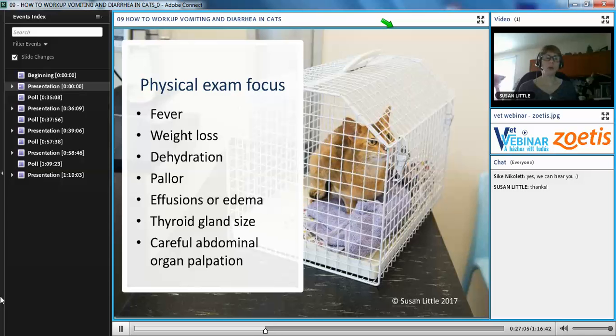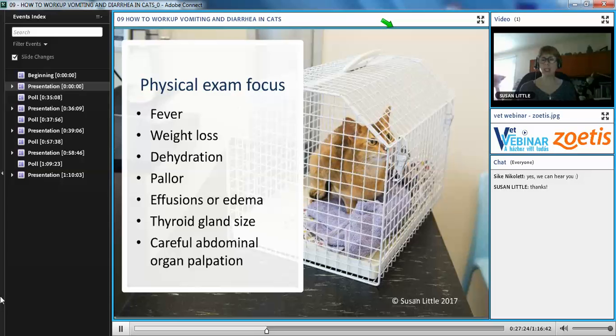And then, of course, a very careful palpation of abdominal organs. So we're looking for changes in size and shape. We're looking for masses. We're looking for thickening of the loops of the small intestine. We're looking for evidence of foreign bodies. So we want to take our time and do a very careful abdominal palpation.